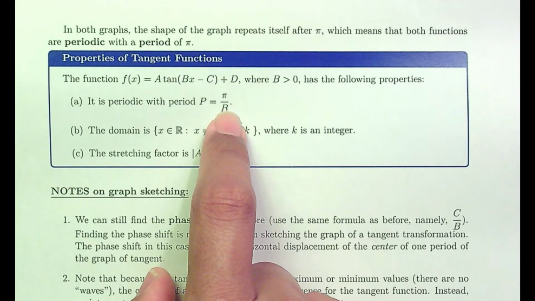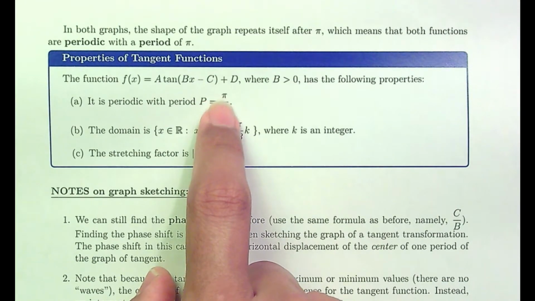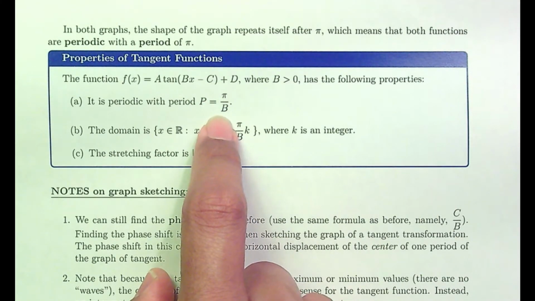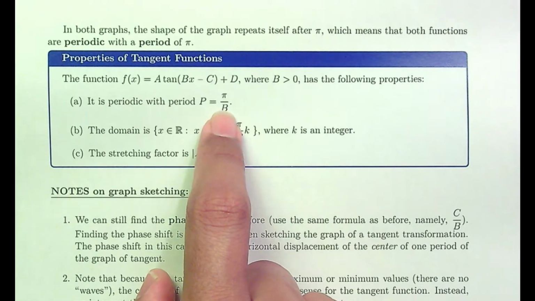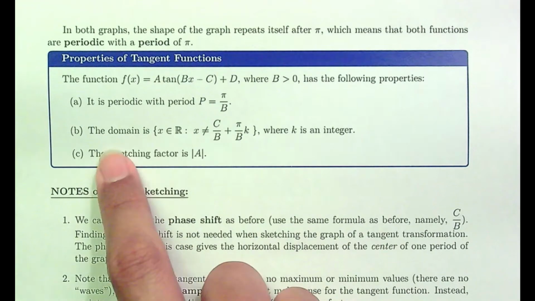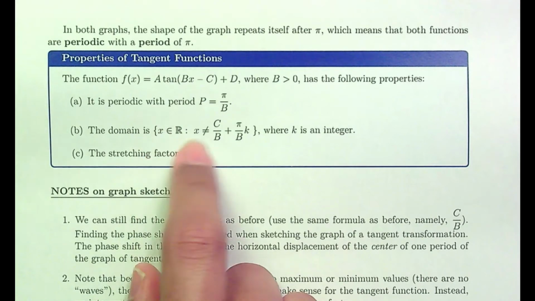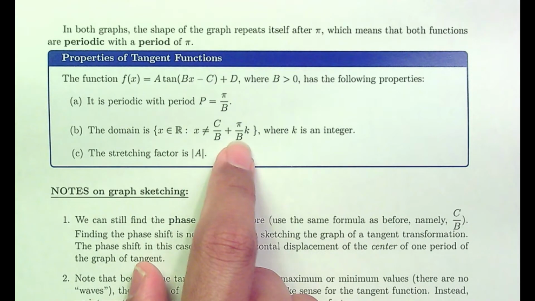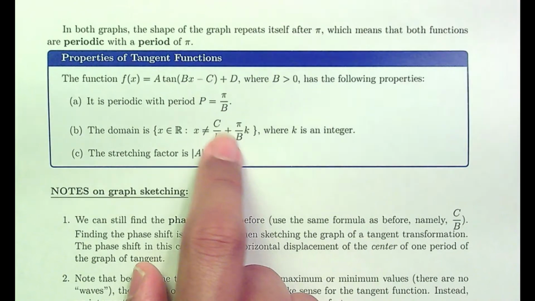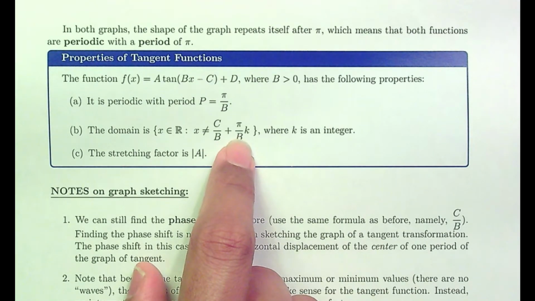In any event, it is the original period over b for both formulas. For the tangent, the original period is pi, so pi over b. For sine and cosine, the original period is 2 pi, so 2 pi over b. The domain of this tangent transformation is all numbers for which x is different from c over b plus pi over b times k, where k is any integer.